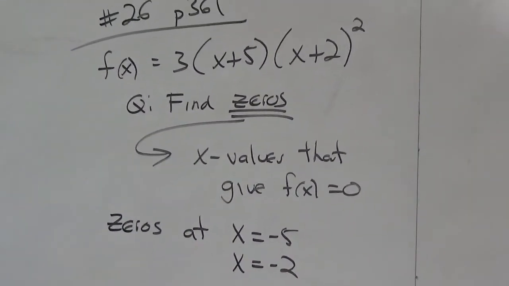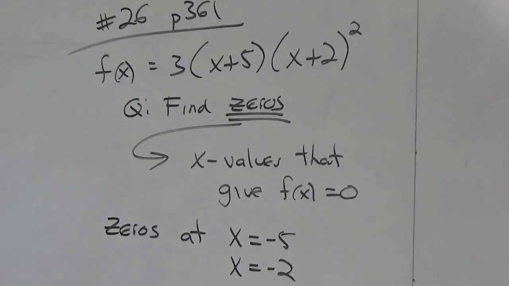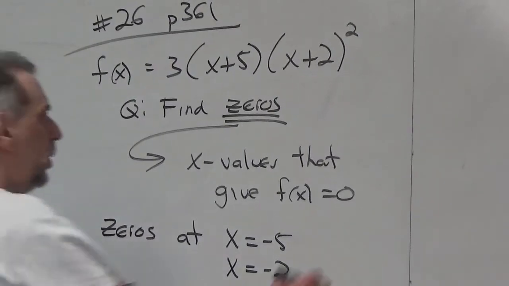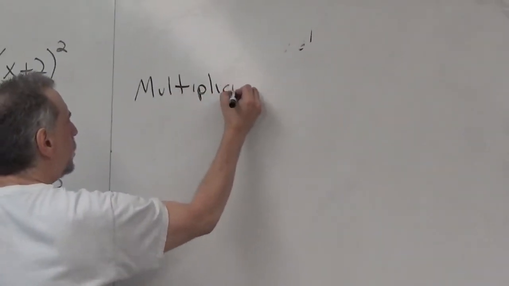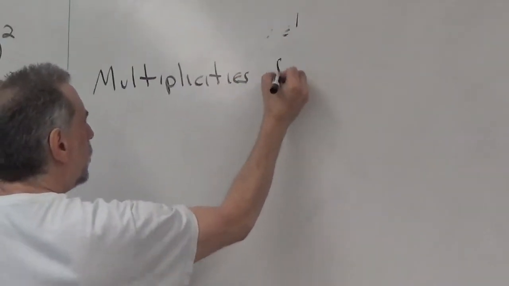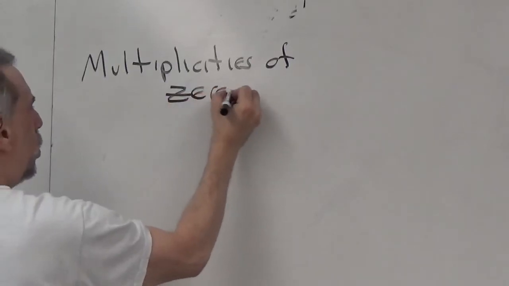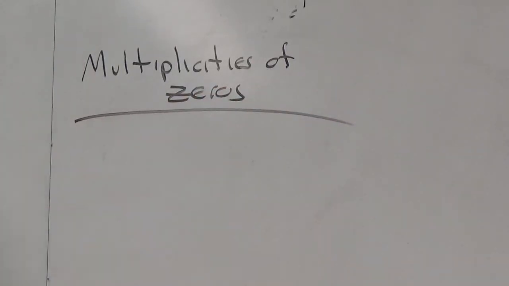Now we're also interested in something called multiplicities of the zeros. So multiplicities we're going to use when we graph the function. The multiplicity of the zero is going to tell us whether when the graph hits that x-intercept, does it cross the x-axis or does it hit it and turn around?